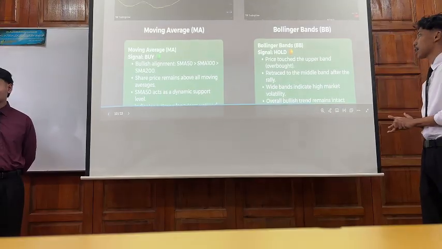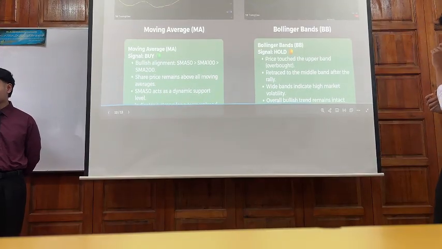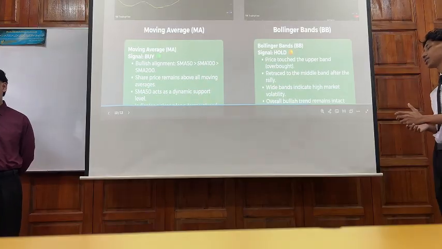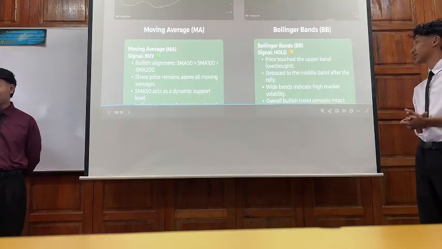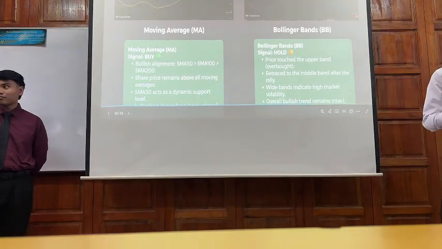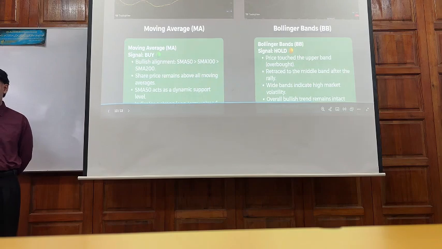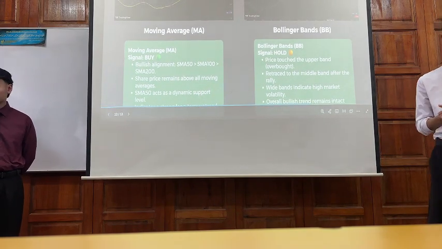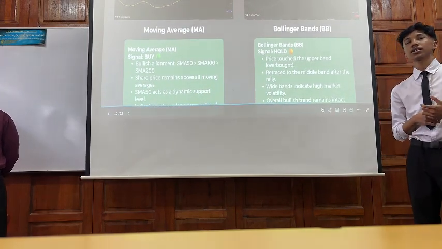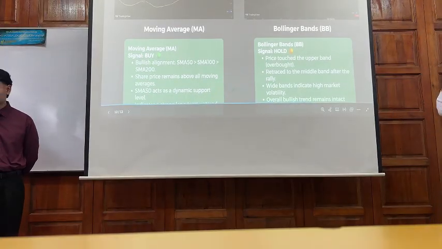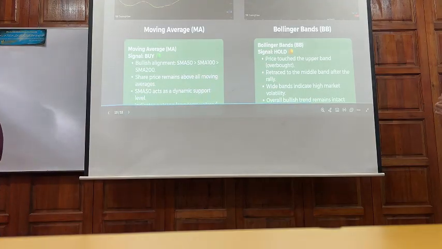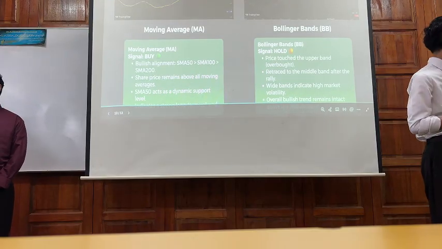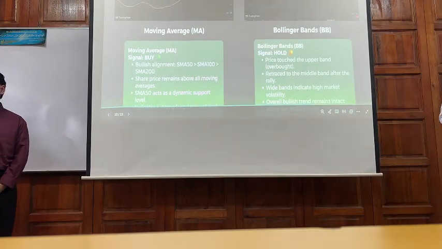But the trend overall is bullish and intact because the current price is above the middle band. We also suggest that while using Bollinger Bands, current investors need to hold the stock because right now the price is only doing a retracement.